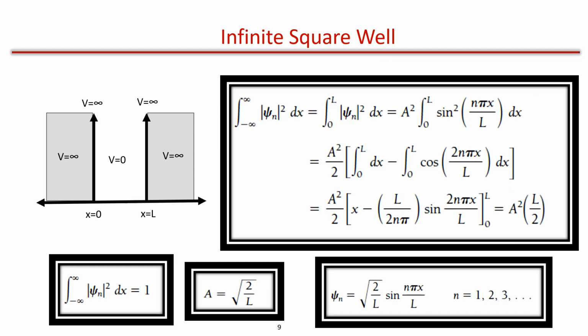Again, from the normalization condition, we obtain a is equal to root over 2 by L, and finally we have the wave function in this form.